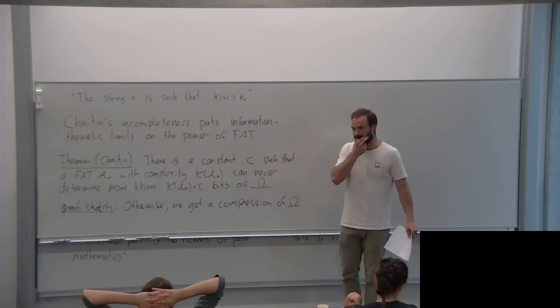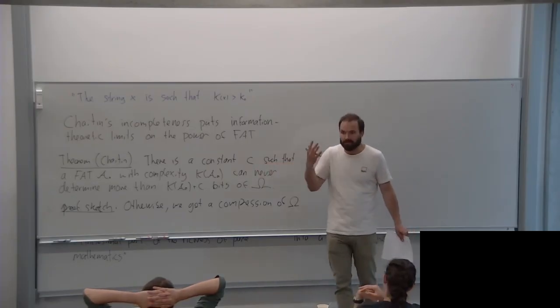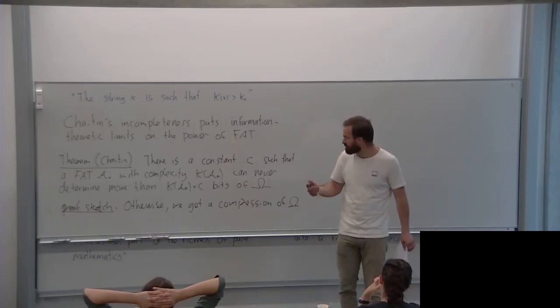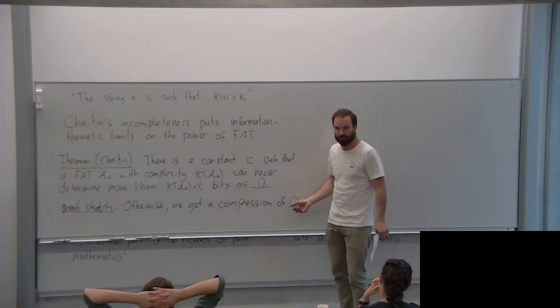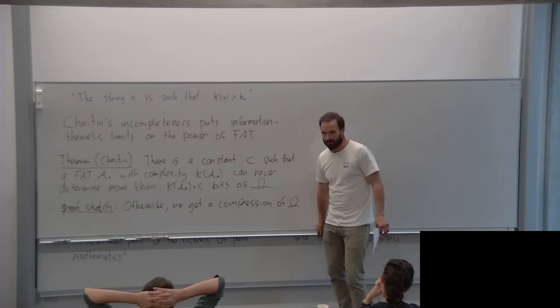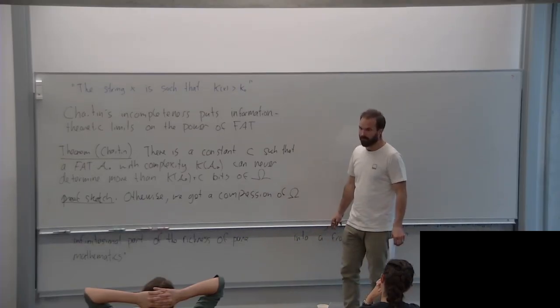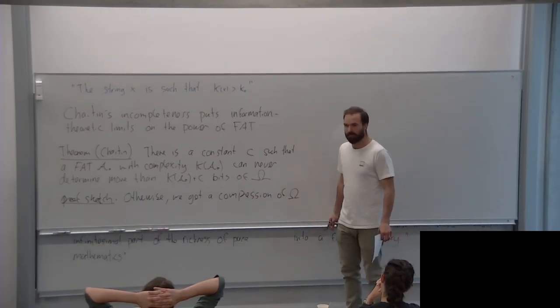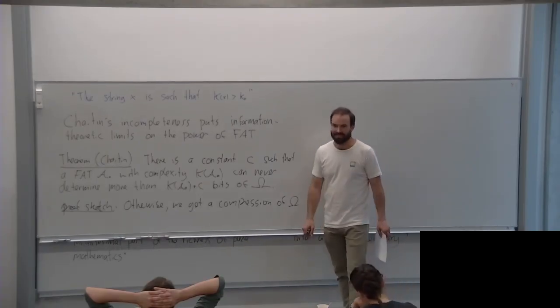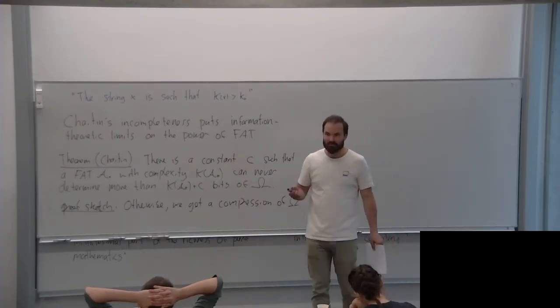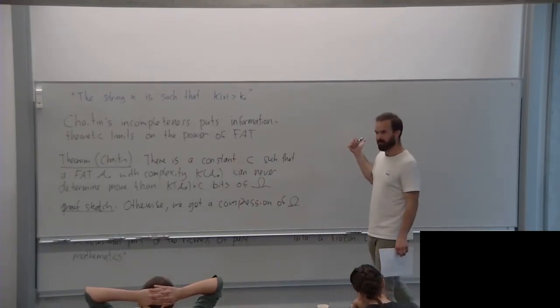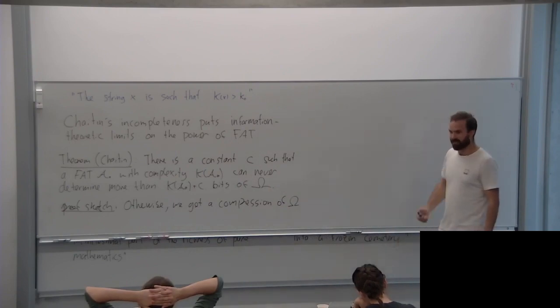That would be a compression. A program that is significantly smaller than n bits would be able to produce the first n bits of omega, which would be a contradiction. Again, you're redoing the proof of why omega is random.